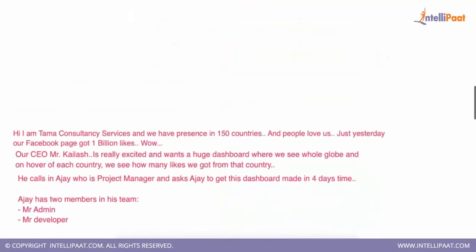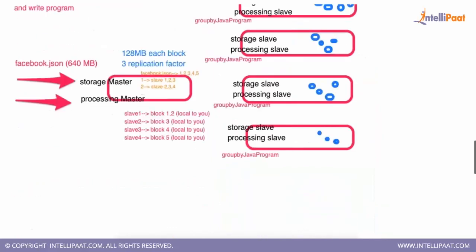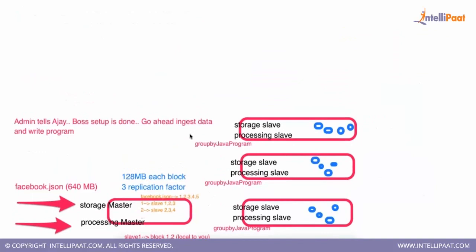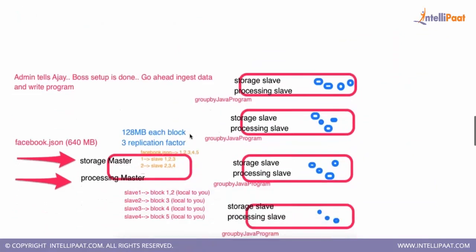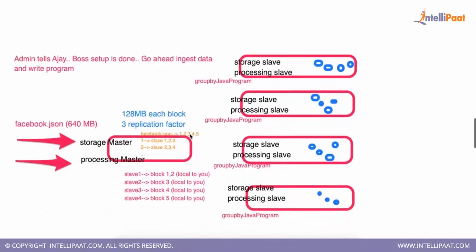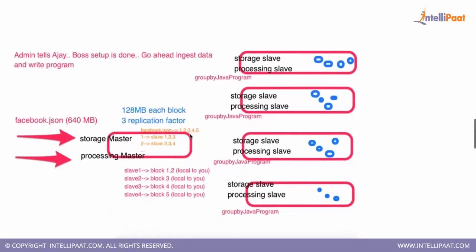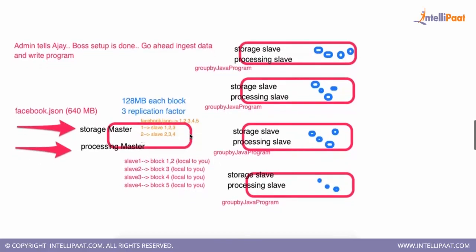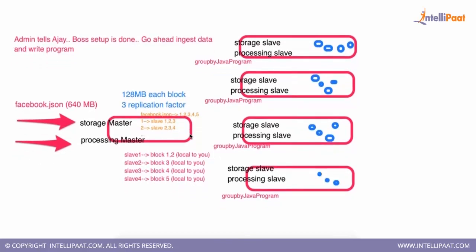We have the next question coming from Ibrahim. On Hadoop, I have a question. When you're talking about the block, when we're making an assumption on the 640 MB with a block, you didn't even explain what a block is. And when you are splitting into 5 slaves, how do you come about this 5 slaves?